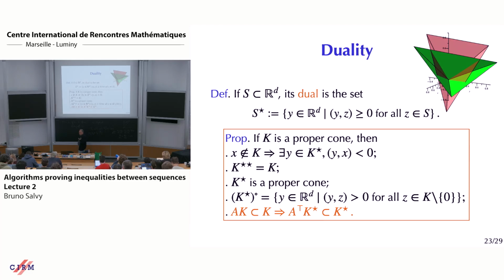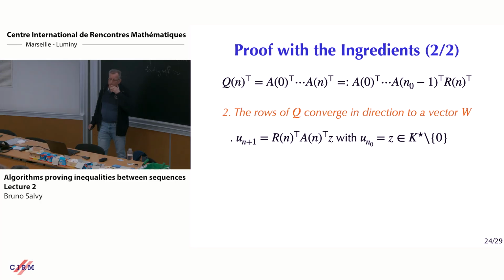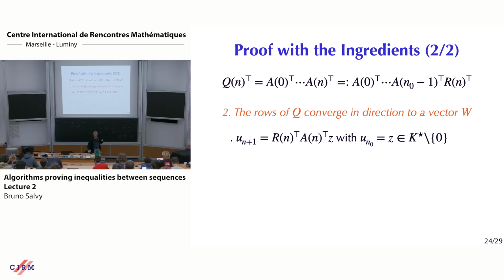Okay, so let's now do the other direction of the proof. It's more complicated because of the way you're looking at things. So you start with this transpose of Q, which is, when you transpose, the products change order. I separate the first ones up to N0 because they don't contract the cone yet.